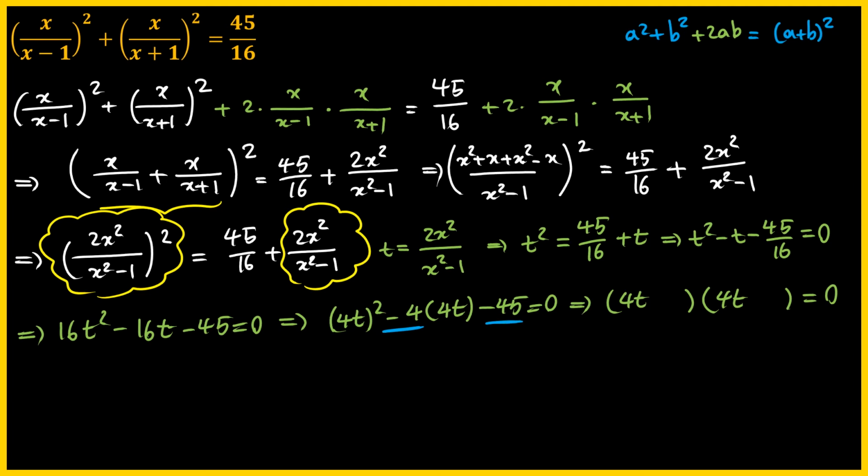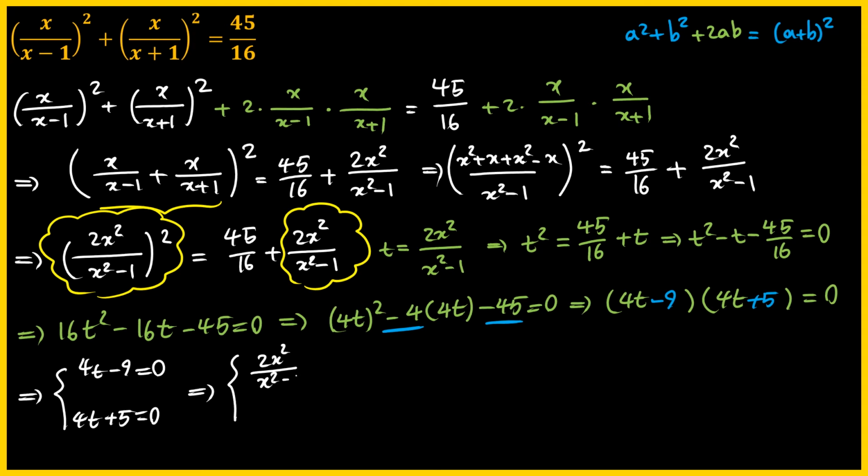And those two numbers are -9 and +5. Based on the zero product property, either 4t - 9 = 0 or 4t + 5 = 0. And since t is 2x^2/(x^2-1), either 2x^2/(x^2-1) is 9/4, or 2x^2/(x^2-1) is -5/4.